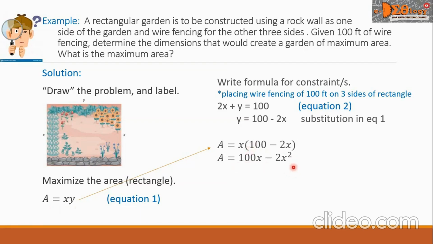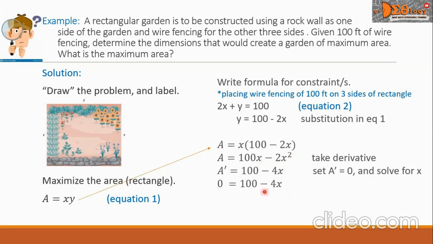We have now the right side of equation 1 to be in terms of x only. Now we are ready to take the derivative. So the A here becomes A prime equals 100, the derivative of 100x, minus the derivative of 2x squared, which is 4x. From here, let us set A prime equal to 0 and let us solve for x.